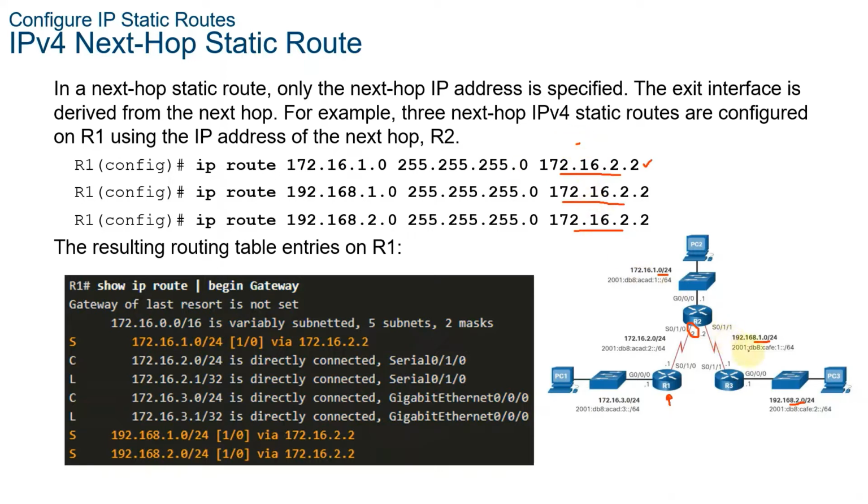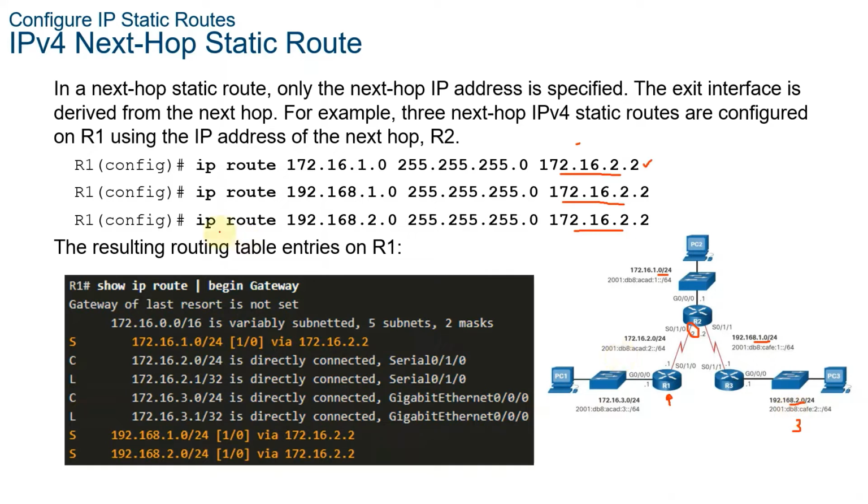Same thing with the second remote network, which is ip route 192.168.1.0, 255.255.255.0 via 172.16.2.2. The third remote network is 192.168.2.0.